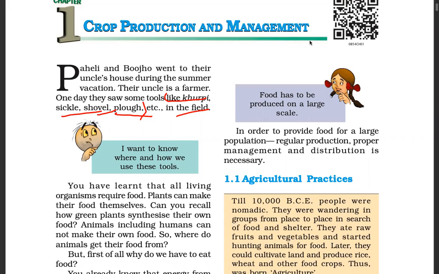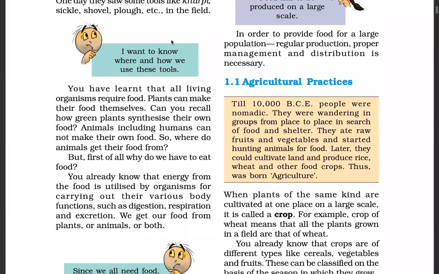Okay, you have learned that all living organisms require food. We have learned that all living organisms require food. Plants can make their own food themselves, right? We know that every living organism living on this earth requires food, and plants make their own food by which process?